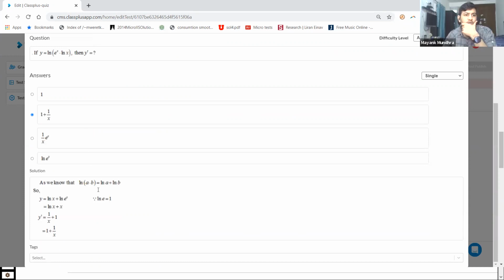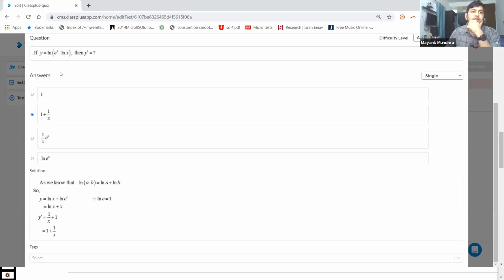Y prime is so log. So this just becomes log. Yeah, ln of e to power x into ln x will become log e to power x plus log of log x.